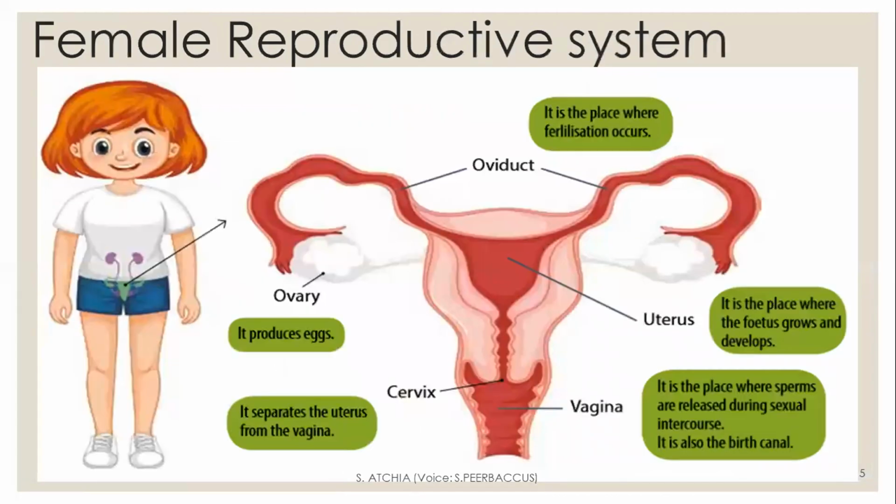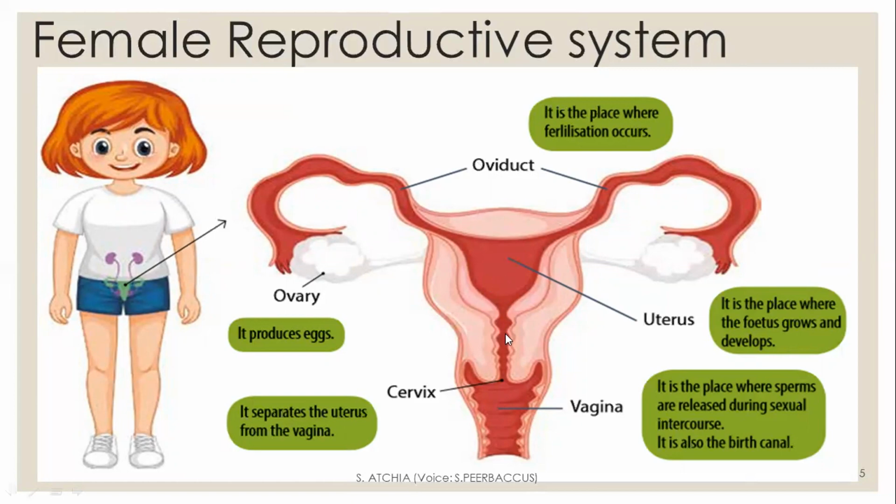Now, let's move on to the female reproductive system, which also consists of different organs. You have two ovaries, two tubes known as the oviduct or the fallopian tube, an enlarged tube known as the uterus.